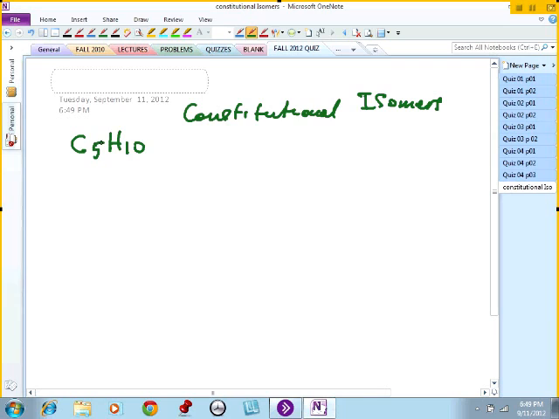C5H10. Just try it. I'll give you a second to do that. How many do you think you can get? Because we want to start with the straight chain, right? The carbons attached to each other, carbon, carbon, carbon.